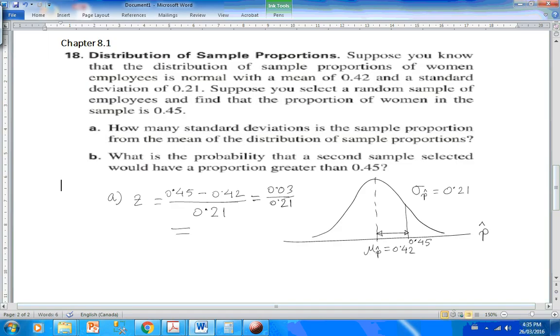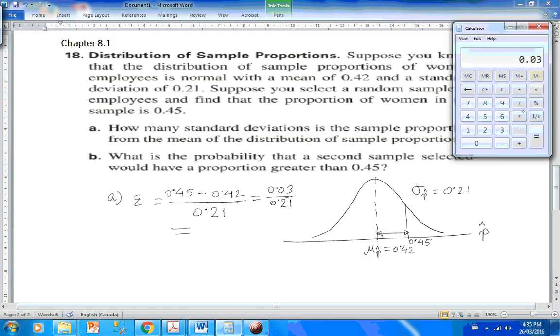So in this case, z-value is 0.03 divided by 0.21. So it gives me a z-value of 0.143 approximately. So I can just call it 0.14.